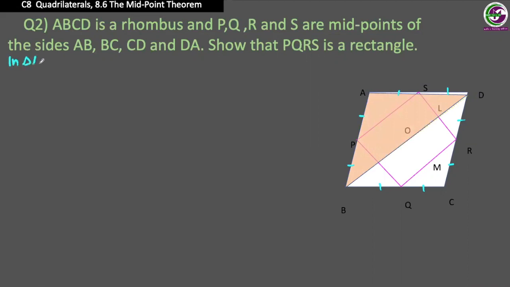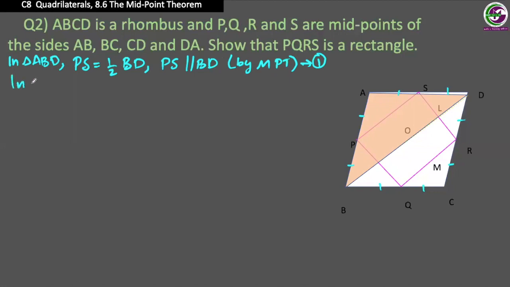In triangle ABD, we know that PS is half of BD, and PS is parallel to BD by the midpoint theorem. Let's call this condition 1.